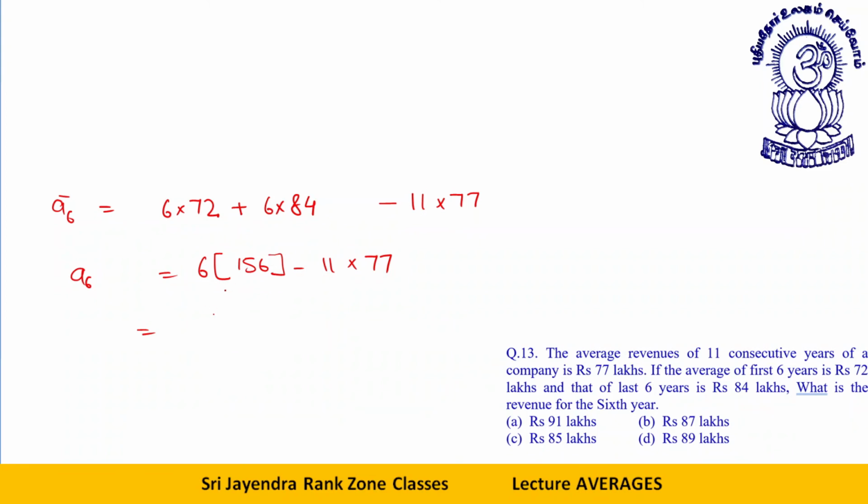So let's just simplify, let's just solve it, okay? 72 and 84, 156, no problem. 6 into 156 is 936, minus 847, that will give me 89. This will be the A6. Got it?